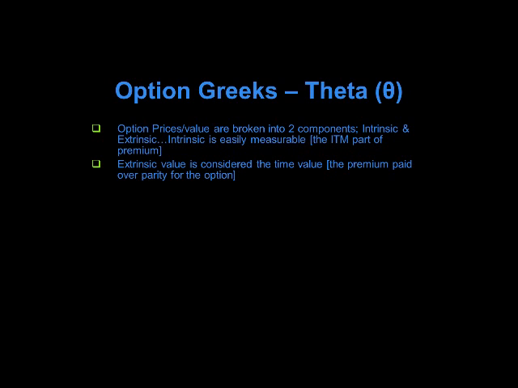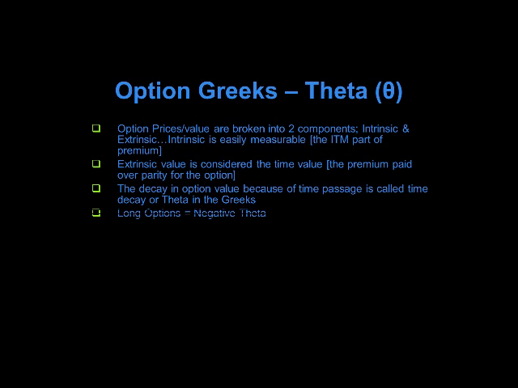It's considered time value. Decay in an option is usually by the theta. The part that decays is the extrinsic value. Any part of the option that's intrinsic is not affected by theta. Theta only affects the out of the money piece.